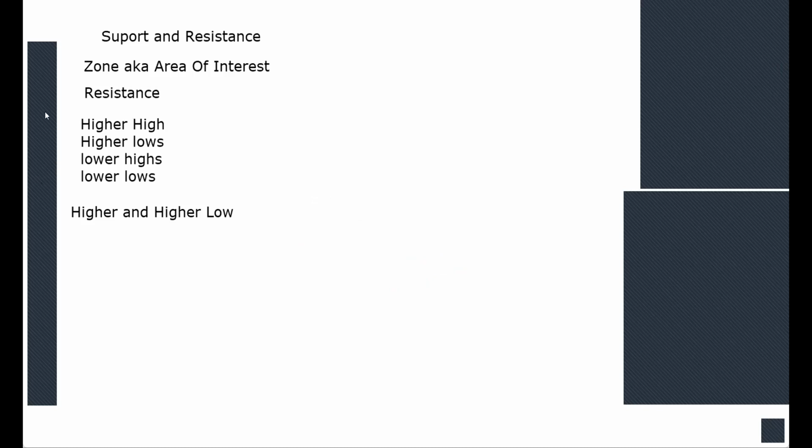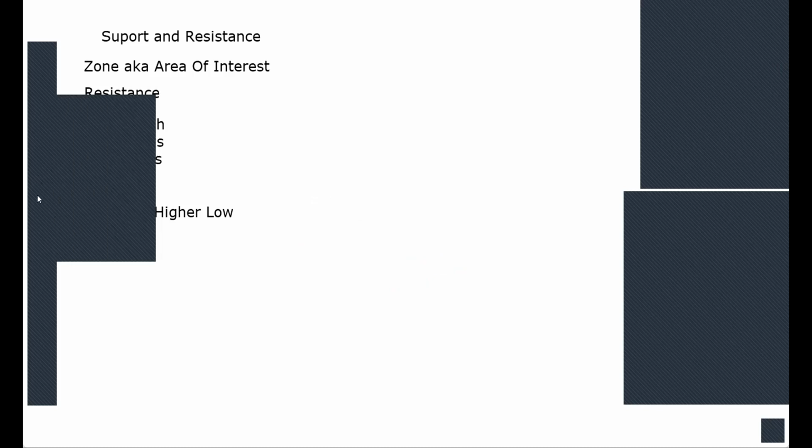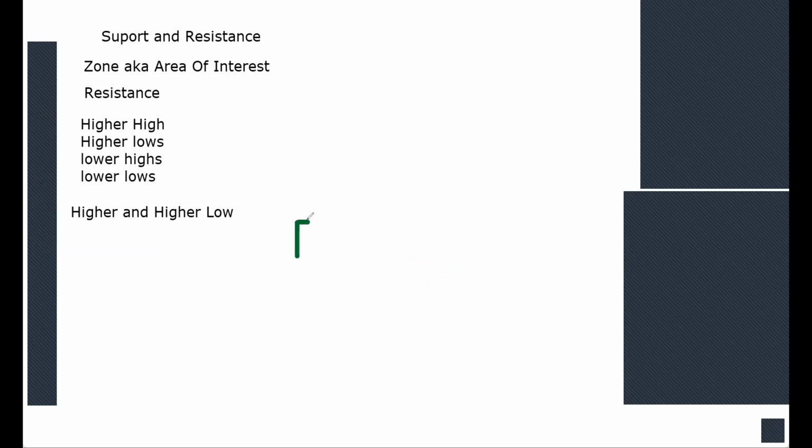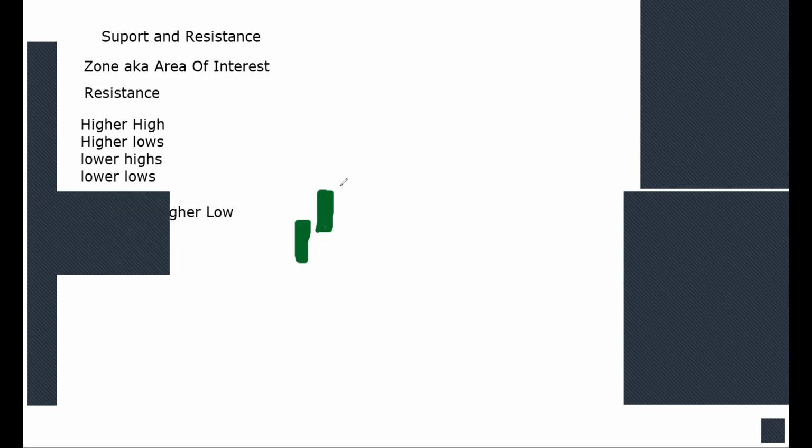So let's say, for instance, it's the opposite. Let me get my green. Let's say you have price action going up. Before I do that, this is what you would call a bearish engulfing.